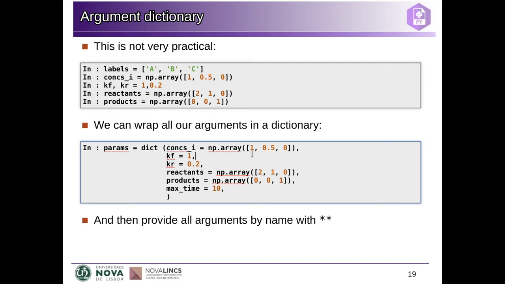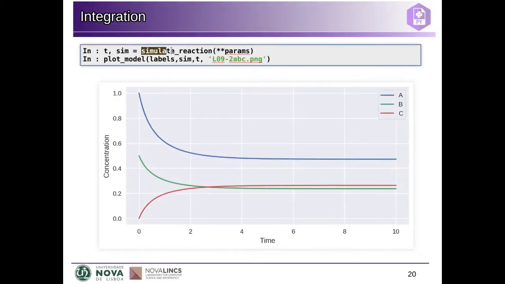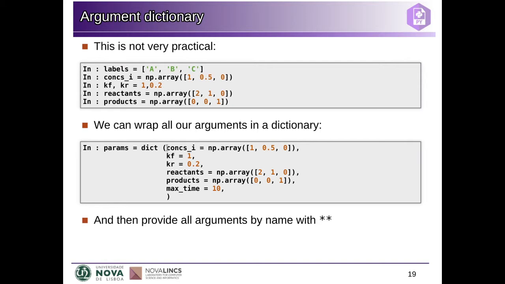And now the advantage of this is that if you call a function with a dictionary and add 2 stars before the dictionary, this will be unpacked into all the parameters with the names corresponding to the keys of the dictionary.